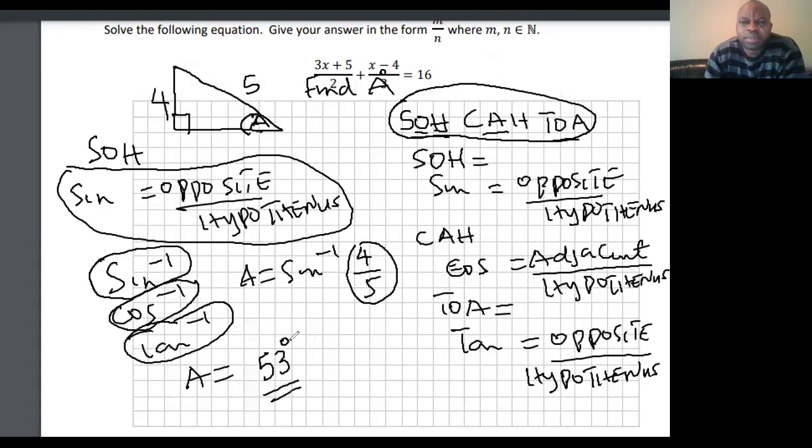That's all. If the diagram is in another form, you just need to establish which information you are given. For example, let me give you another example.